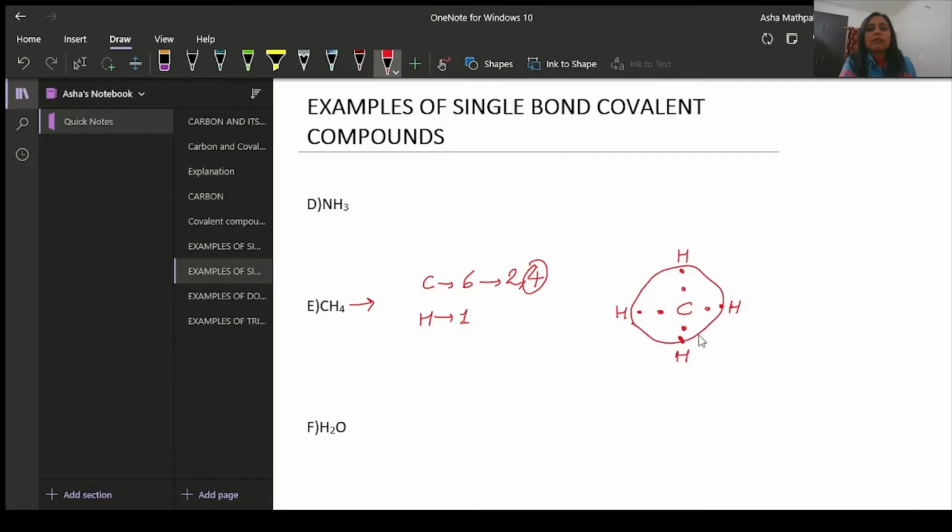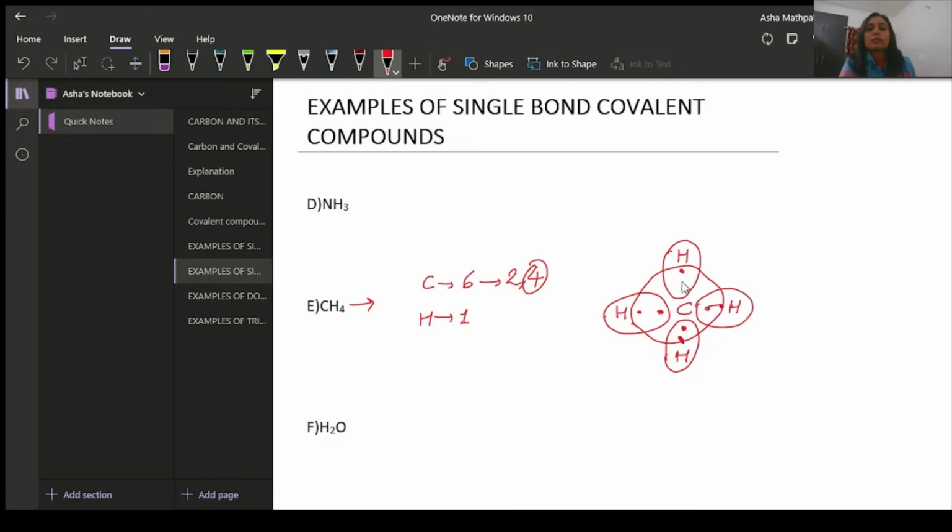So now it is having 8 with it, so it now has 8 electrons in the last shell. This hydrogen is also taking 1 from the carbon. This will also take 1 from the carbon, this will also take 1 from the carbon, and this will also take 1 from the carbon.